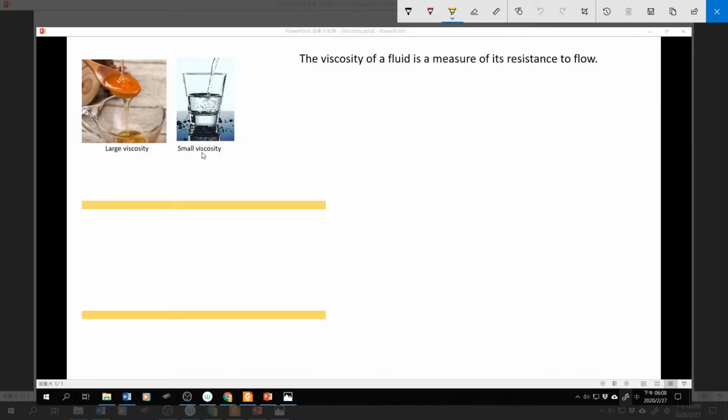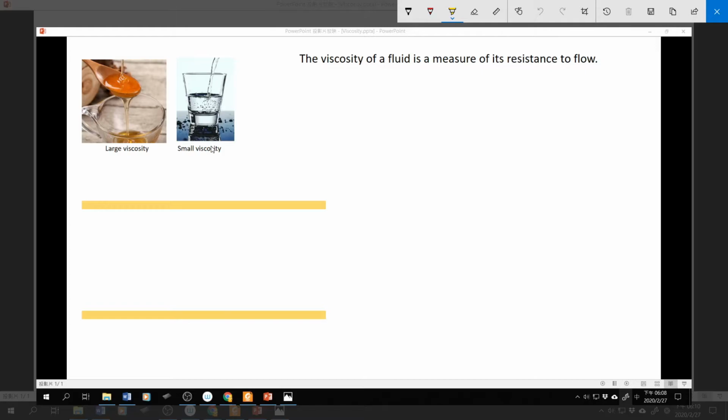It is because the viscosity of water is very small compared to the honey. Therefore, the fluid particles do not resist moving. And this will lead to another concept about the viscosity, that it can represent the force required to induce the flow movement.